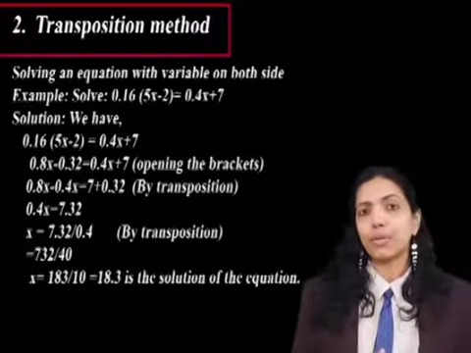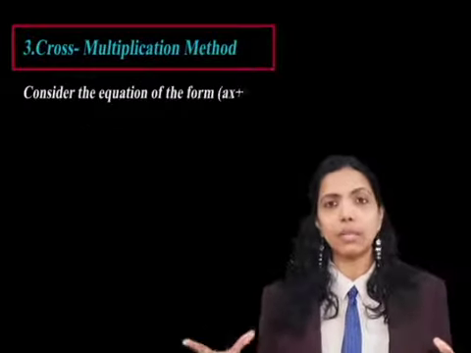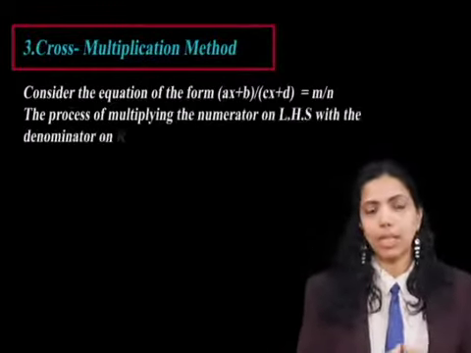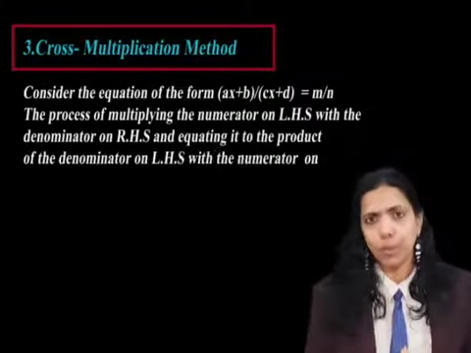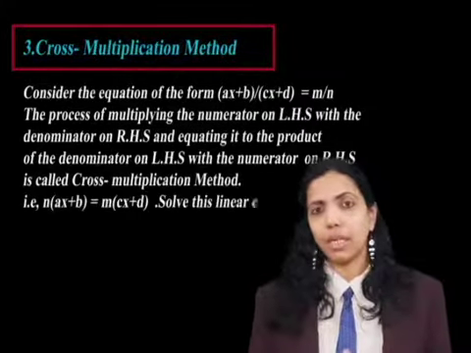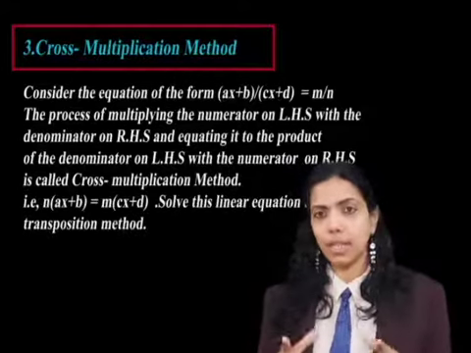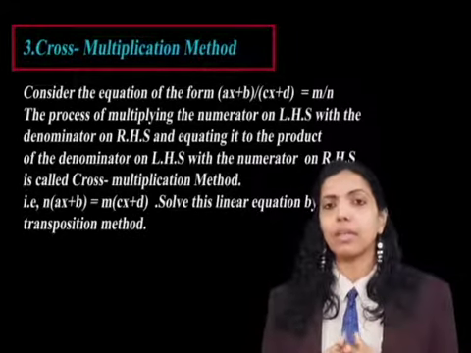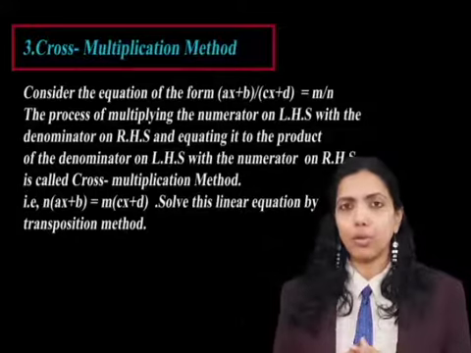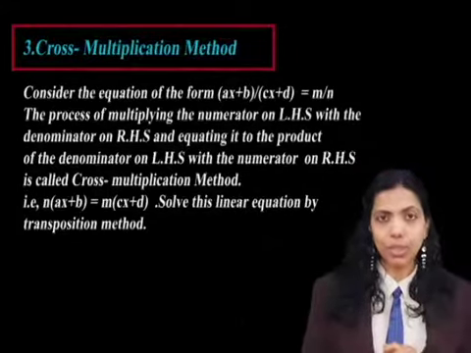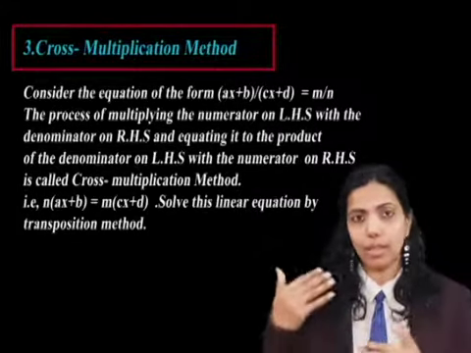There is another way of solving the equation. It is the cross multiplication method. So consider the equation of the form (ax plus b) the whole divided by (cx plus d) equals m by n. That means we are having the denominator and numerator on either side of the equation. So how can we solve questions like that?